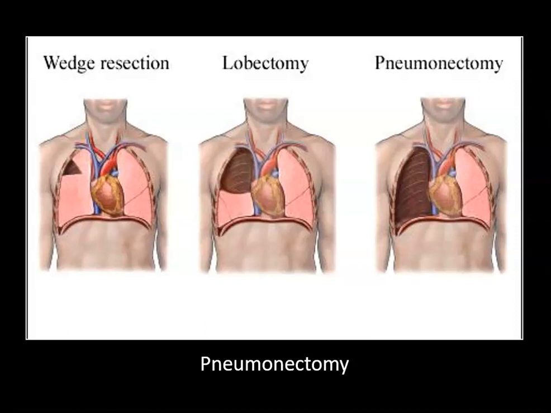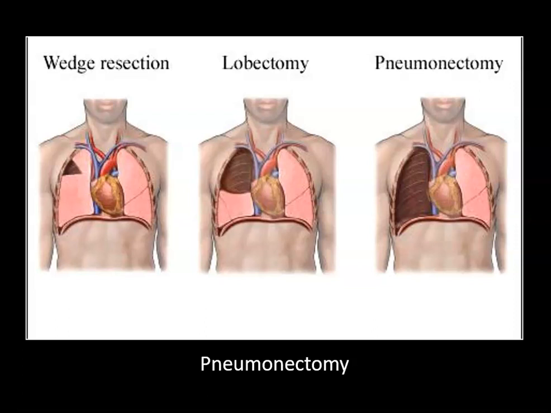Then you'll notice over at 32480, you have removal of a lung other than pneumectomy. And here we're talking about lobes being removed.